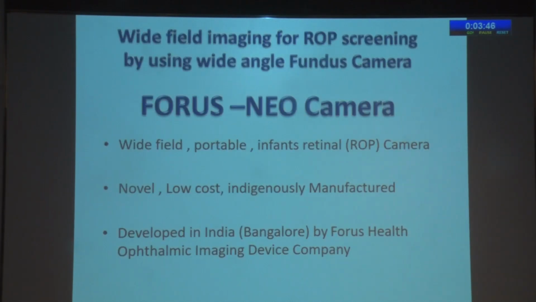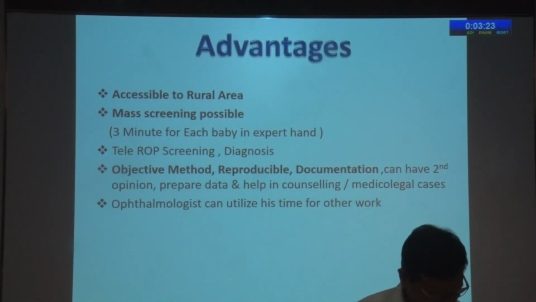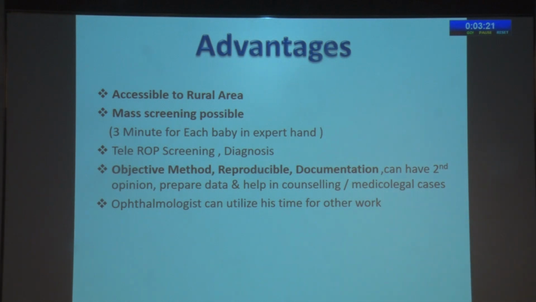So we are using wide field imaging for ROP screening in our study. That is the Forus Neo camera. I don't have any financial interest. It is a wide field portable infant's retinal camera, novel, very low cost, indigenously manufactured and developed in India in Bangalore by Trinetra. What are the advantages? It is easily accessible, and you can take it to rural areas.